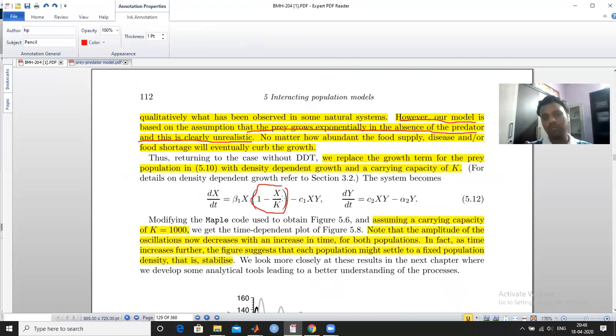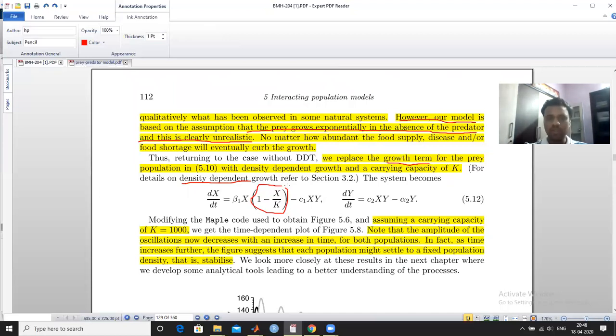Actually, not b1; this beta 1 is b1 minus a1. So we can replace this rate, and this is the density dependent growth. So we replace the growth term.